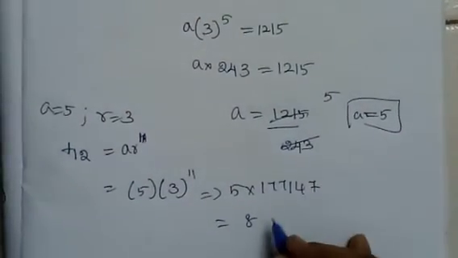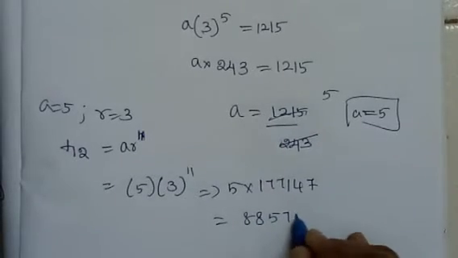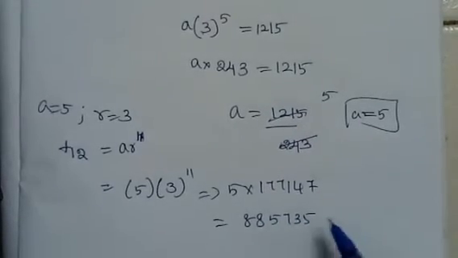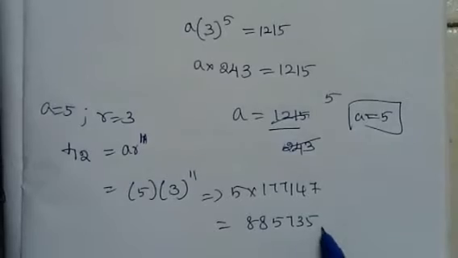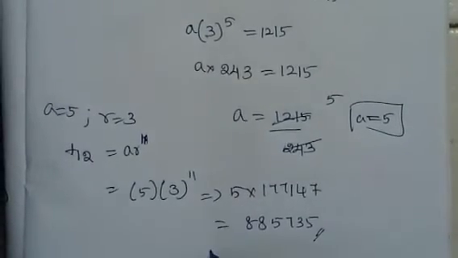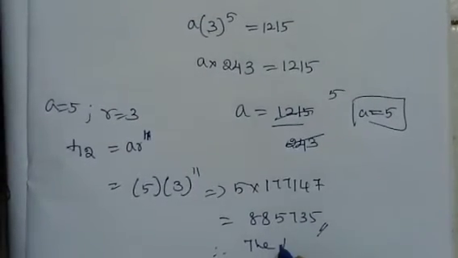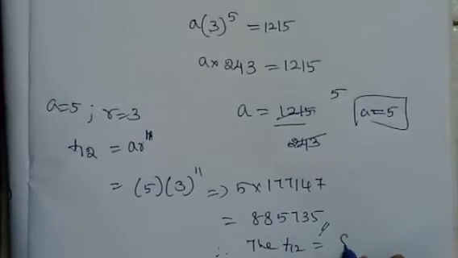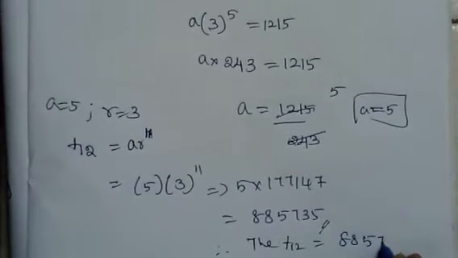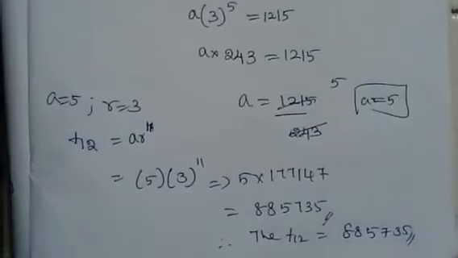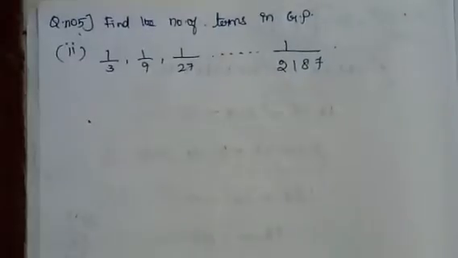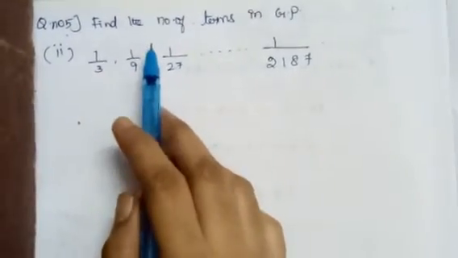Multiply these two terms, you will get 885735. So here the 12th term, T12, is equal to 8,85,735. That's it.